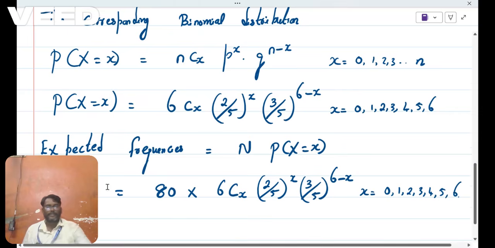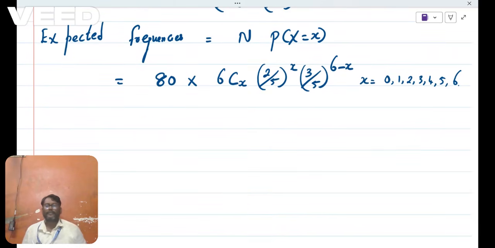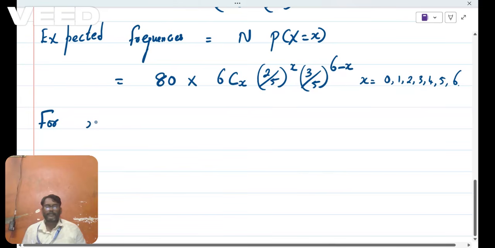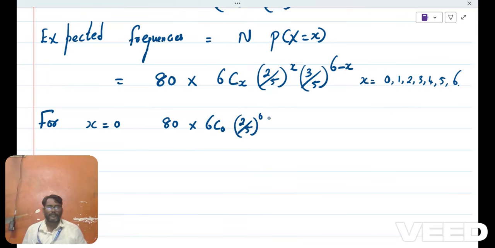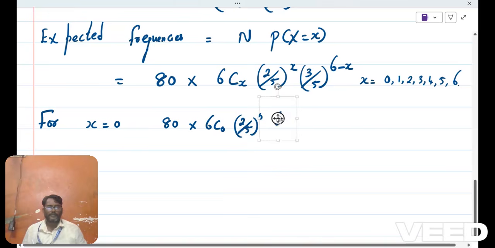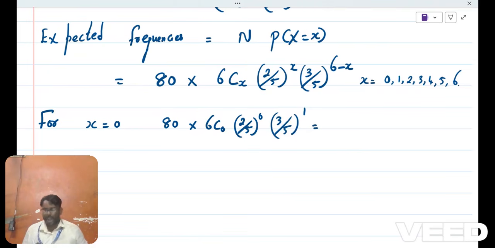Now we will compute their expected frequencies. For x is equal to 0, we get 80 into 6C0, 2 by 5 raised to the power 0, into 3 by 5 raised to the power 6, and this is equal to 3.73.